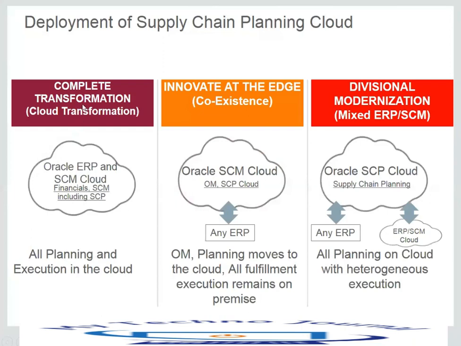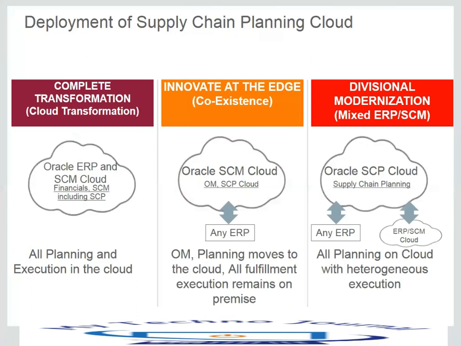Pretty simple, complete transformation. Now there is a situation called innovate at the edge, where you can have coexistence of your planning system. You have your order management and supply chain planning on the cloud, and any other ERP is on-premise. So only OM and planning move to the cloud. All fulfillment execution remains on-premise, right?